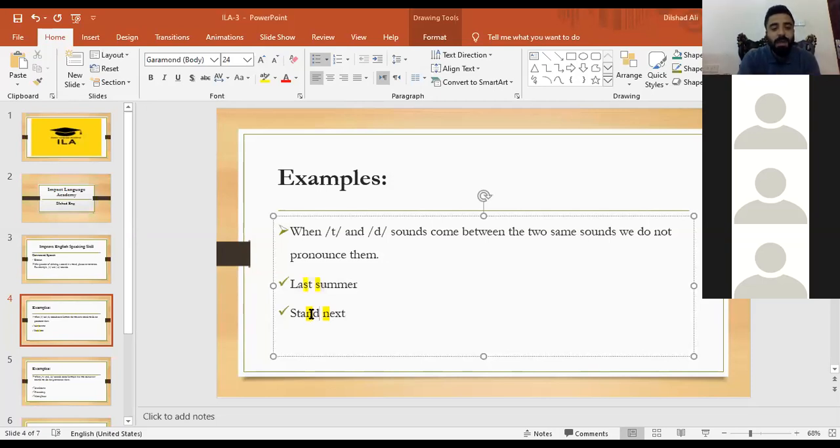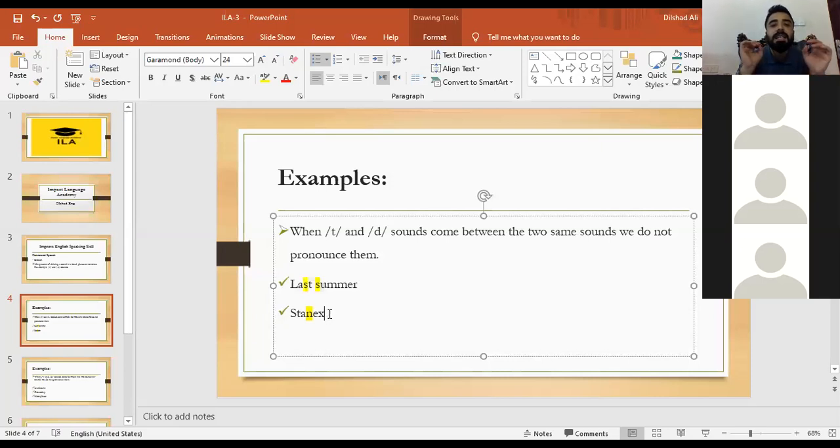Before the space, what do we have? The N sound. After the space, what do we have? The N sound again. So we go like this: stand next. Remember, guys, you have to say the N sound strongly. Stand next. You see? You block your mouth. And you can also choose not to pronounce the T at the end.